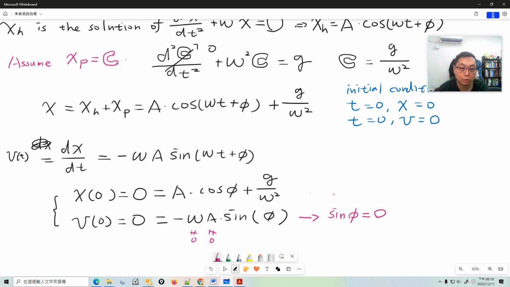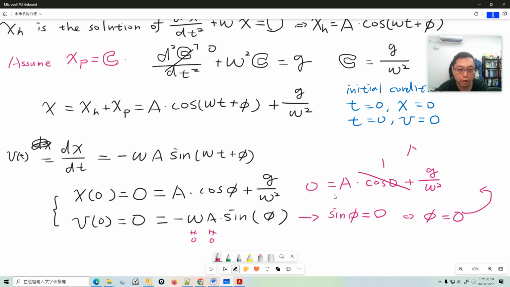The simplest solution is phi equals 0. So we put phi equals 0 back into equation 1. What we have is 0 equals a times cosine 0, which is 1, plus g over omega squared.